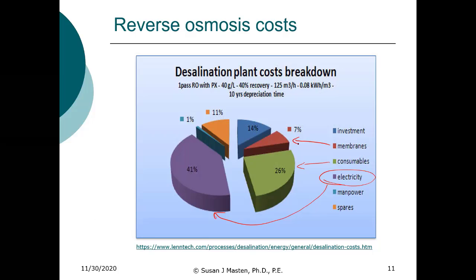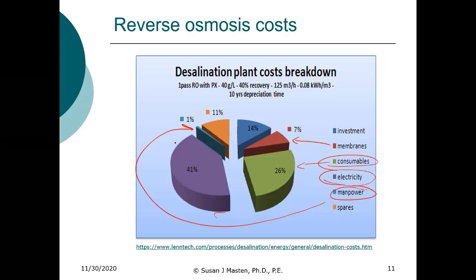It also includes chemical costs. As we talk about, there's often chemical pre-treatment and post-treatment that we need. Cleaning of the membranes, we'll talk about fouling. So all that would be in consumables, and then just in spare parts, investment costs. Staffing to run the plant is actually relatively small. It's only about 1%.